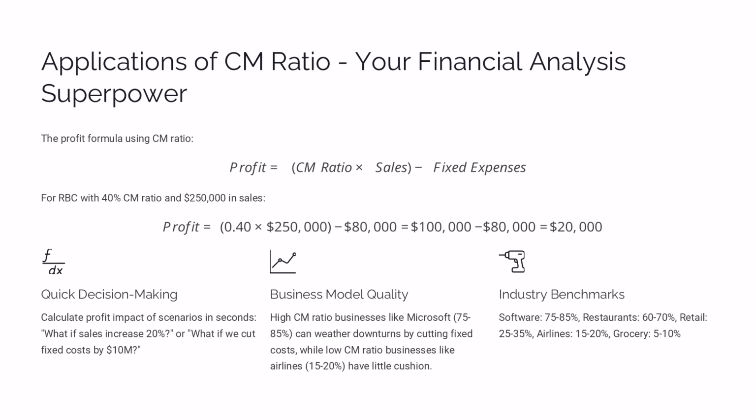The ability to look at any company's sales number and instantly calculate their profit. The profit formula using CM ratio is beautifully elegant. Profit equals CM ratio times sales minus fixed expenses.